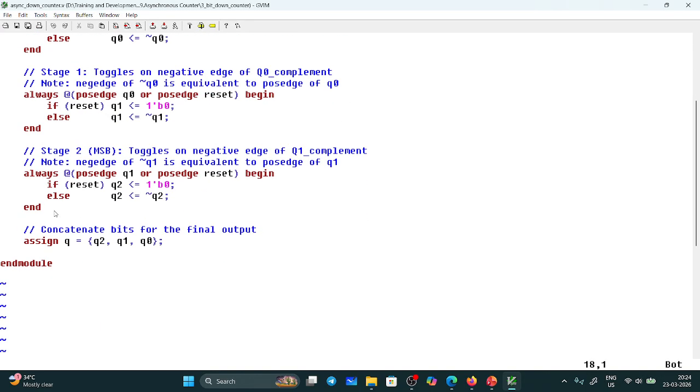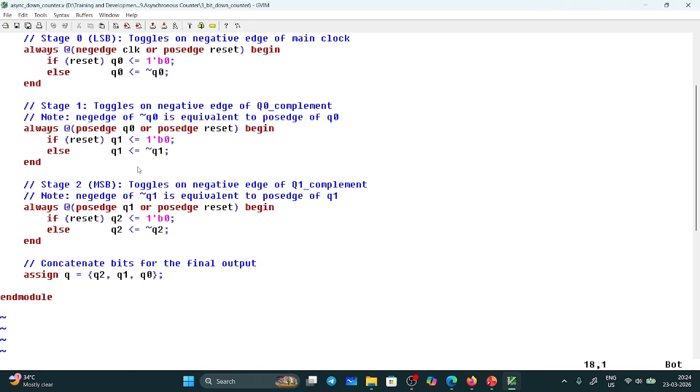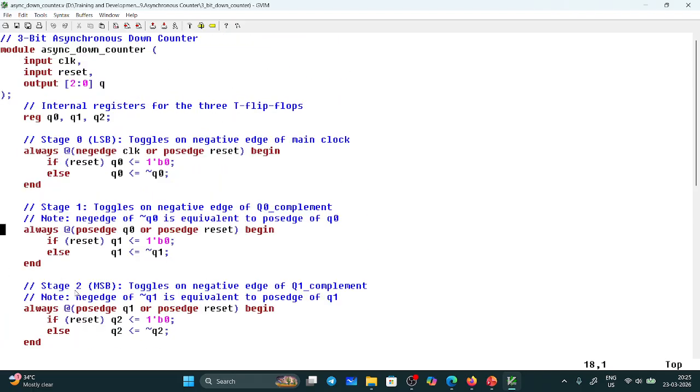Because after behavioral modeling, I am using the concatenation operation, which is a continuous assignment statement. So that's why it is wire only. If I use Q within the procedural block, then it should be reg data type. Here I am using Q outside the procedural block. That's why Q is wire data type. Is it fine?